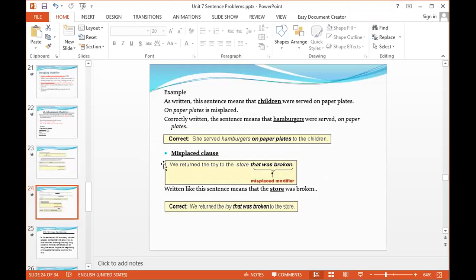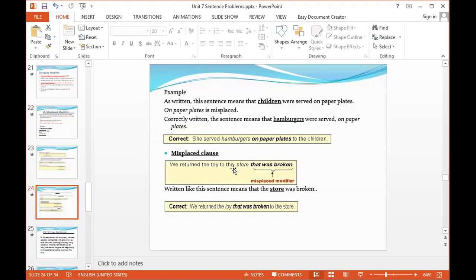Okay, another example here: we return the toy to the store that was broken. We return the toy to the store that were broken. What was broken here, the store or the toy? The toy, right?